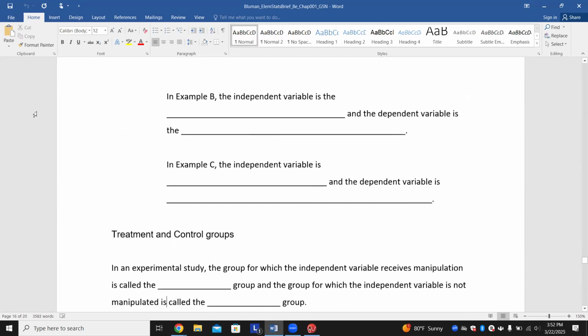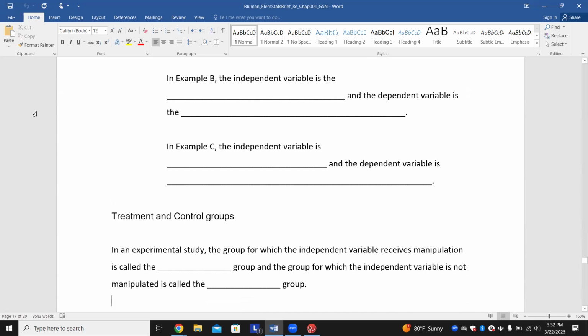So, some examples here. In example B, again, this was talking about the patients getting treatment or not. The independent variable there, for example B, was the treatment given to each group of participants, right? So the treatment changed in both groups. So the independent variable is the treatment given to the groups of patients.